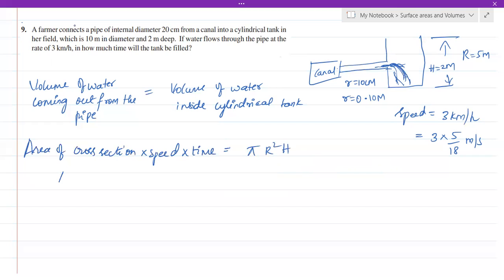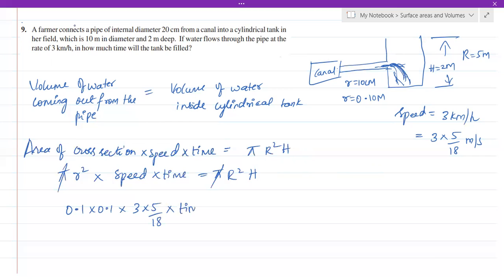Now the area of cross section will be in circle shape. So pi small r square into speed into time, that is equal to pi capital R square capital H. So actually we can cancel the pi and pi here. So r square, the small r is 0.1 square. So 0.1 into 0.1. The speed is 3 into 5 by 18 into time.